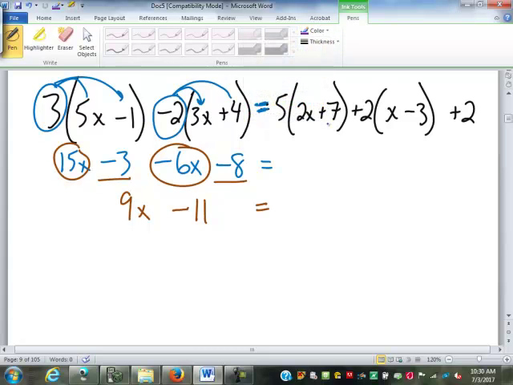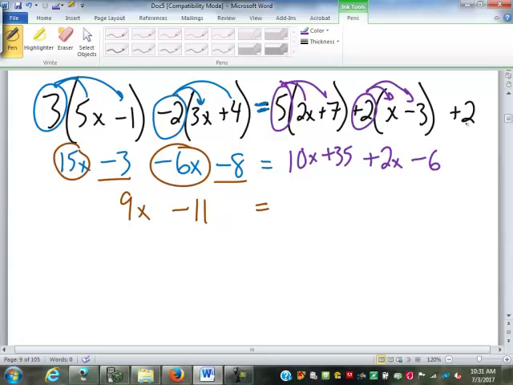What do we do first there? Distribute the 5. 5 times 2x, 10x, and 5 times 7 is 35. And then we're going to distribute the 2. 2 times x, 2x, 2 times -3, -6, and we still have the +2.